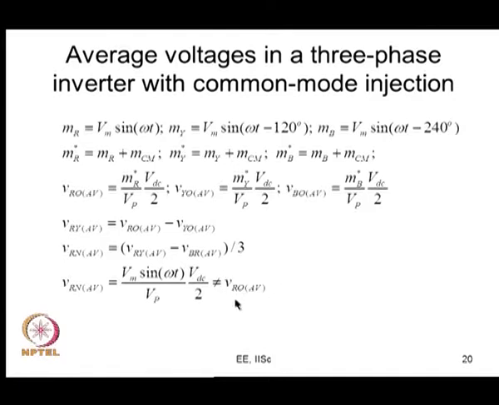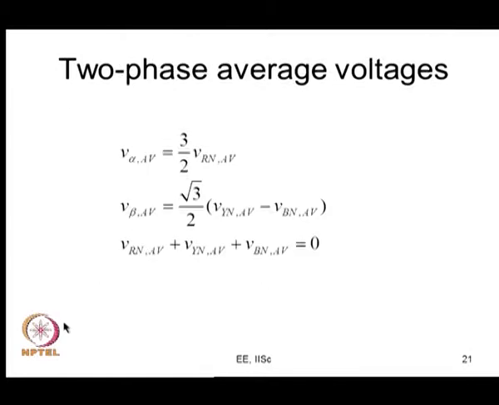It would contain the fundamental and the triplen frequency components, whereas VRN average would contain only the fundamental component, it will not have the triplen frequency. However, if you are going into overmodulation, all these will be non-sinusoidal. VRO average will be non-sinusoidal and therefore VRY average will also be non-sinusoidal, VRN average also will be non-sinusoidal, as we will see shortly.